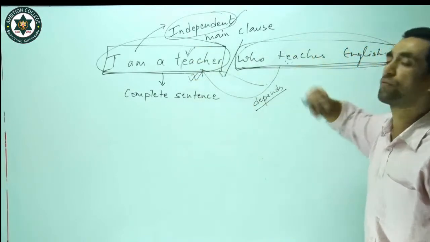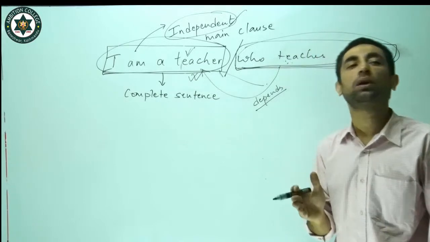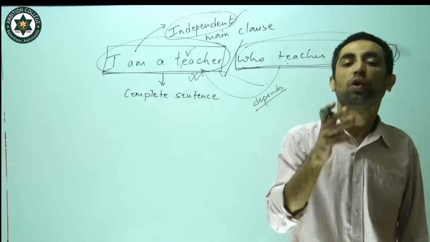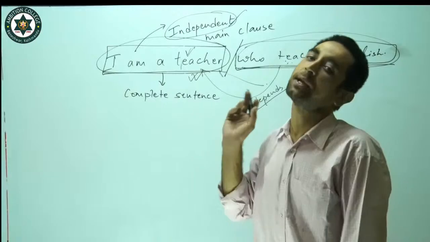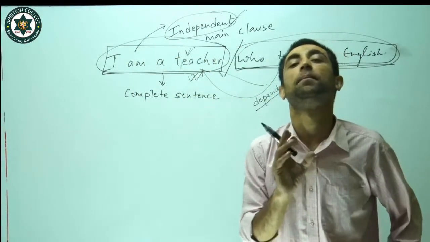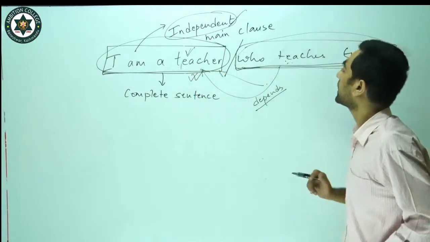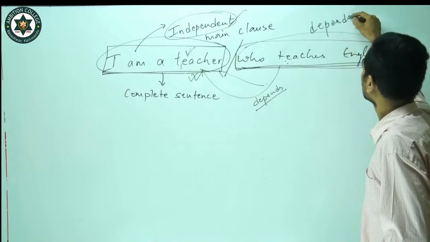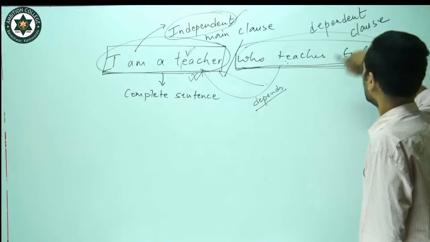So this type of part of a sentence, which cannot stand alone in isolation, is not complete in itself and depends upon some other part for its complete meaning, is called the dependent clause.